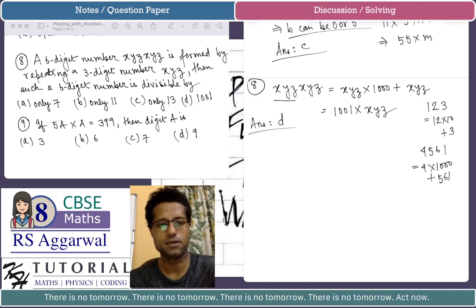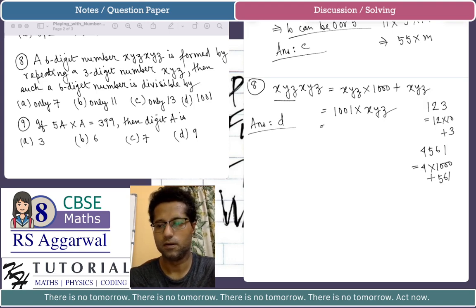Now, what is choice A? It is saying 7 only. Now, I have to see whether 1001 has any factors or not. Choices A, B, and C are saying only 7, 11, and 13, so it is quite possible that 7, 11, and 13 are factors of the number 1001.